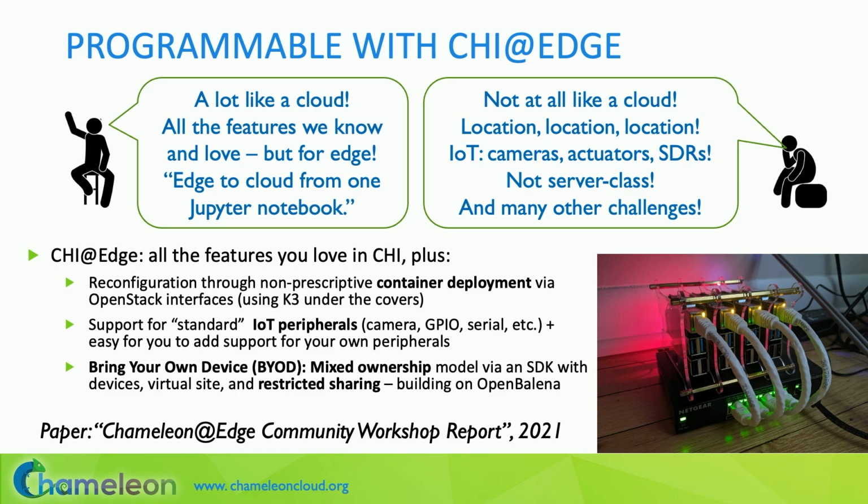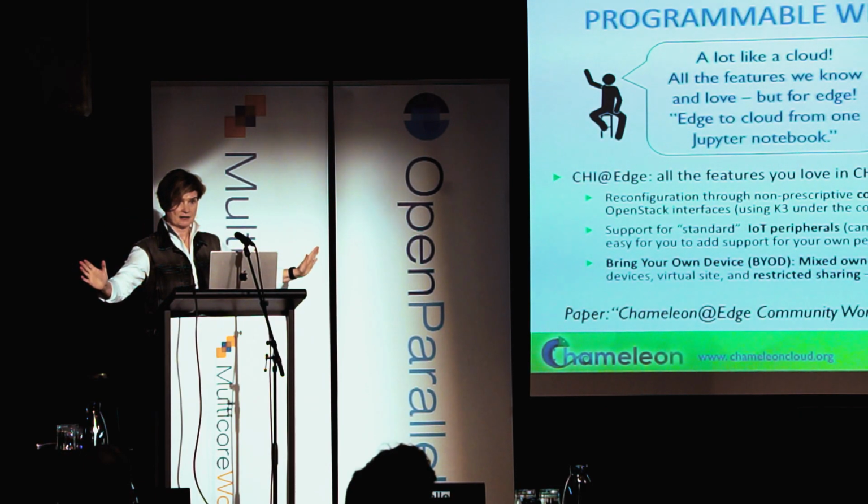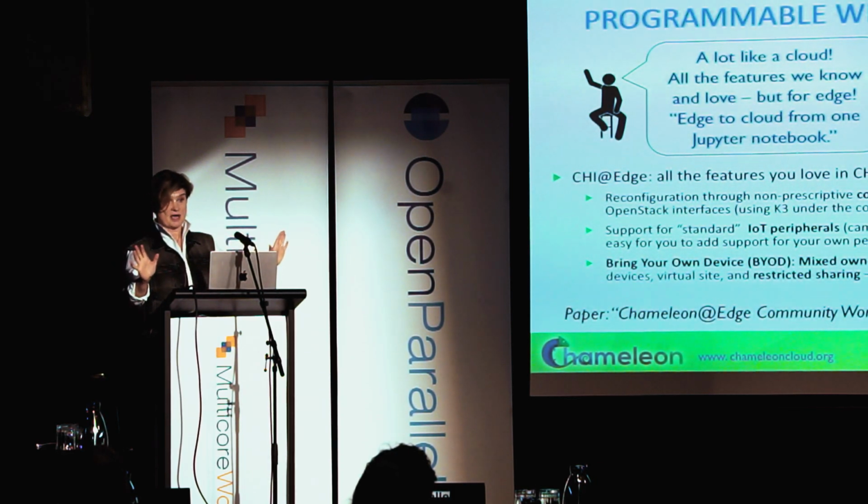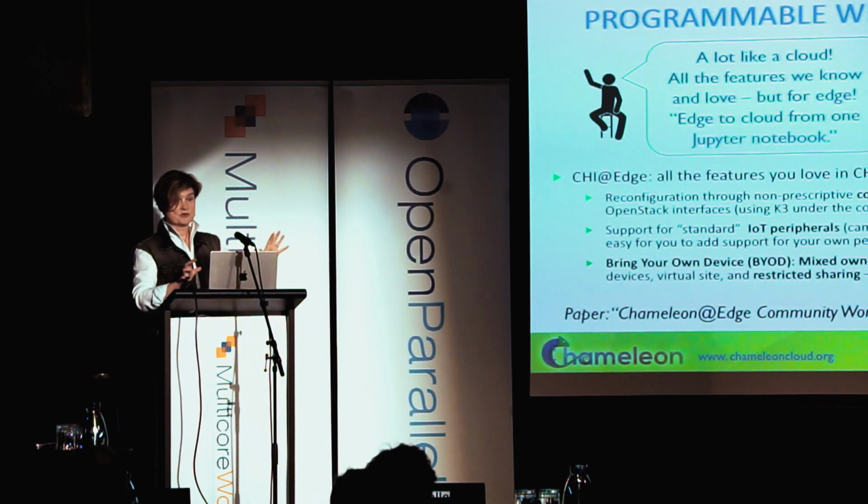So what the users get out of that is secure management for their resources, potentially deployed at large scale, that connects seamlessly to resources in the data center, right? So the rallying cry for that was, we want to support edge to cloud experiments from one Jupyter notebook, right, seamlessly. And so now, what can happen if you have infrastructure like that?